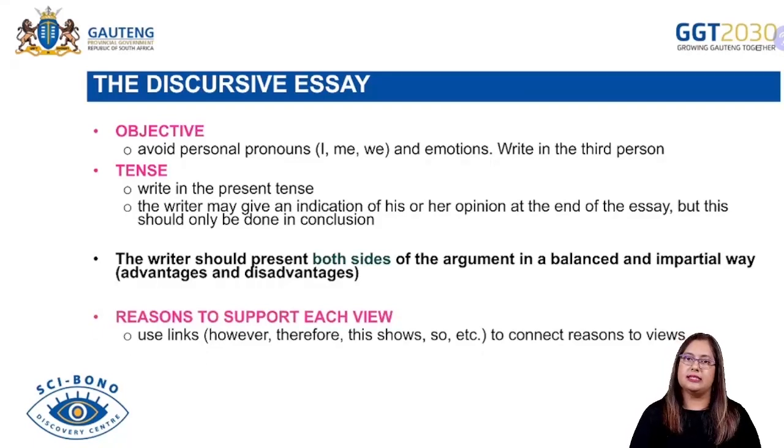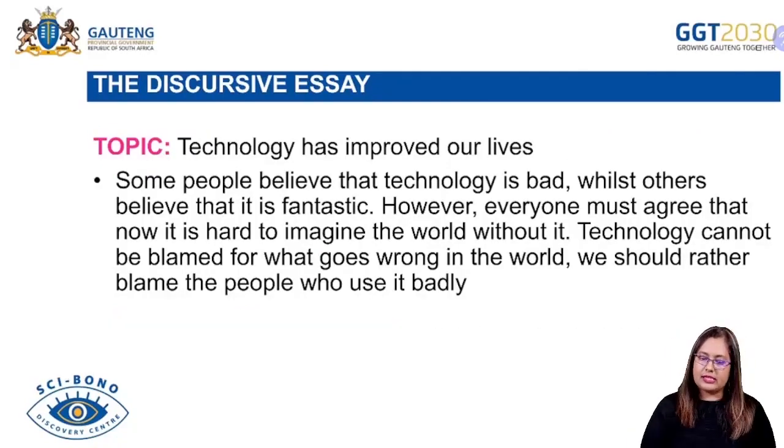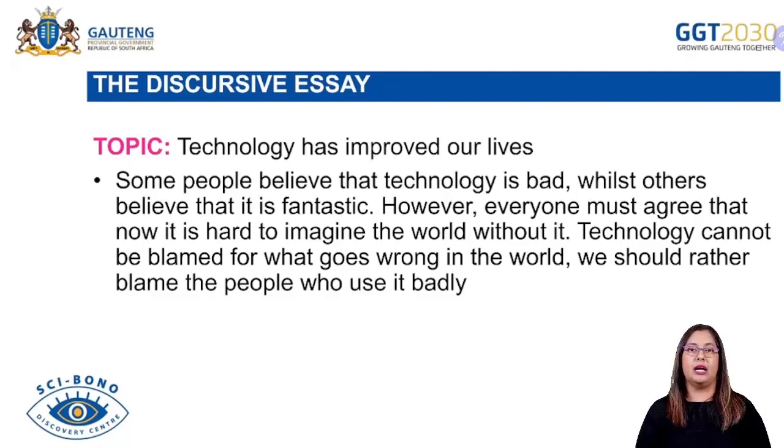Looking at the reasons that you give, please note they must be there to support your viewpoint. So you use those linking words I mentioned to you previously to connect the reasons as to why you have this particular view. So for example, a topic like technology has improved our lives. Okay. So how would you go about writing an introduction here?